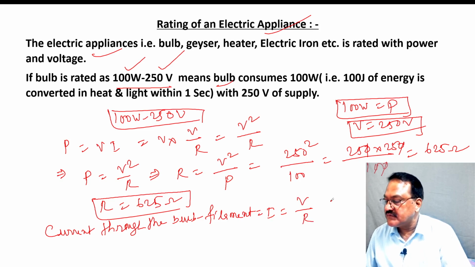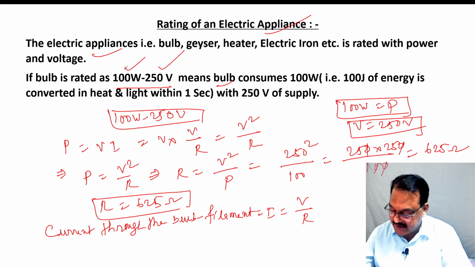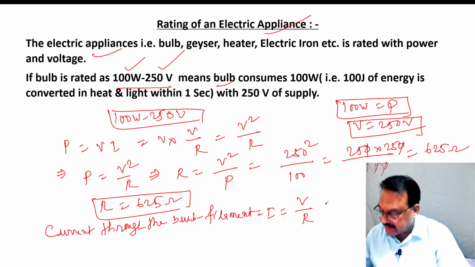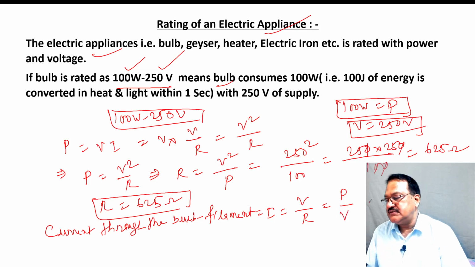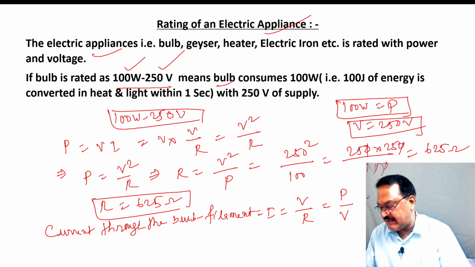But here the power of this bulb is given, rated as 100. So we can calculate I is equal to P by V also, because P is given and V is given.